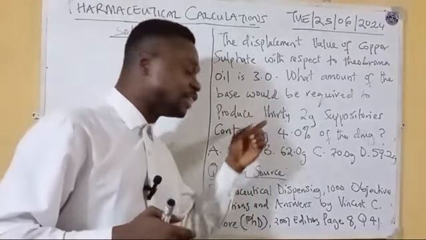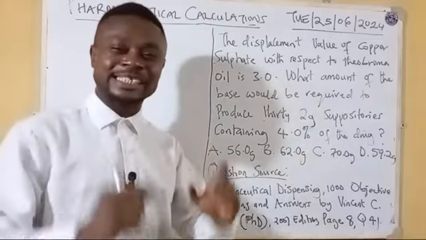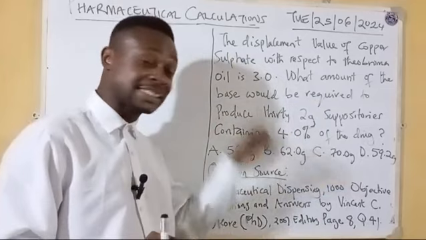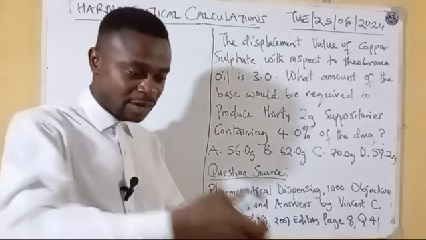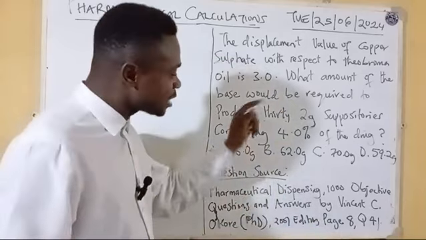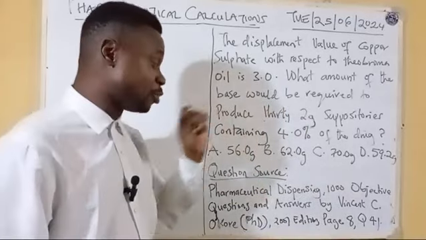So there's need for you to prepare for overage. That one is in practice. We are just doing calculations. I just mentioned it so you know that in practice, you need to add overage so that at the end you can get your 30 suppositories intact. For the purpose of calculation, let's just do the calculation for 30 suppositories.